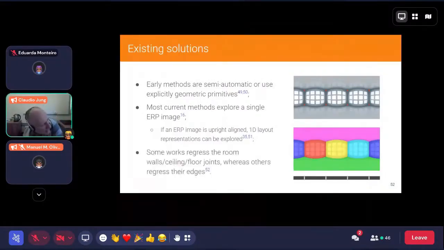And as I was mentioning before, some methods regress the room walls, ceilings, and the joints between the walls and the floor and ceiling. Other methods recover the lines that comprise the connections between walls and other walls, walls and ceilings, walls and floors.